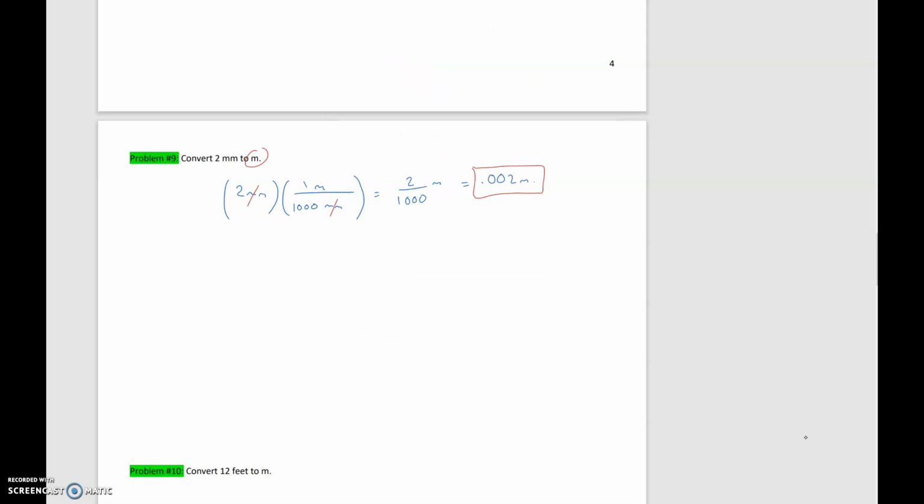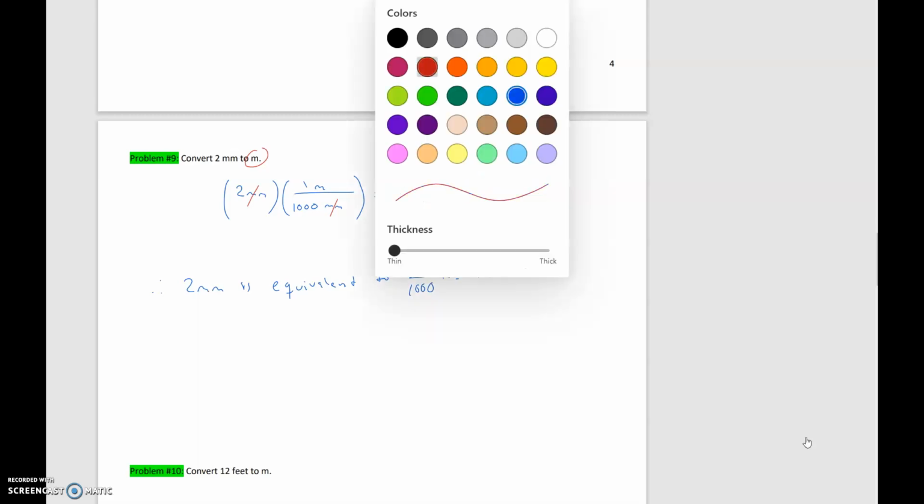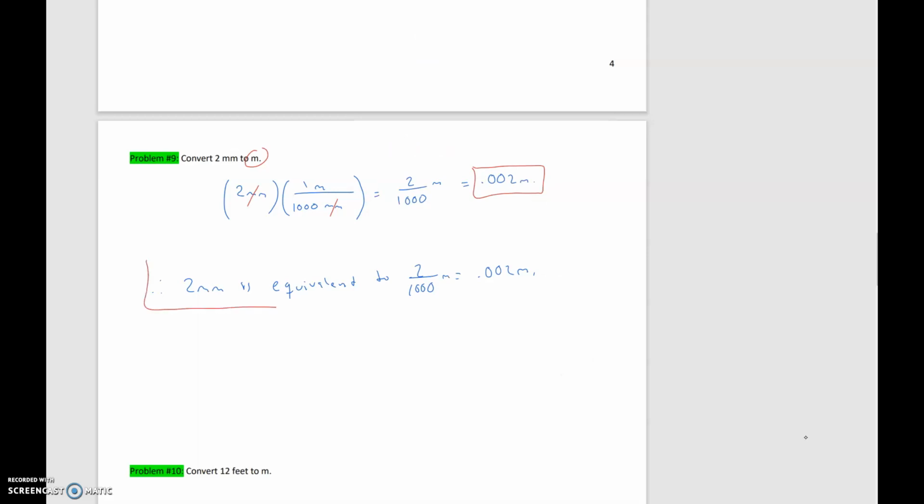So 2 mm is equivalent to 2 over 1,000 meters, or 0.002 meters. I wrote it as both of those. Most likely they're going to want the decimal approximation.